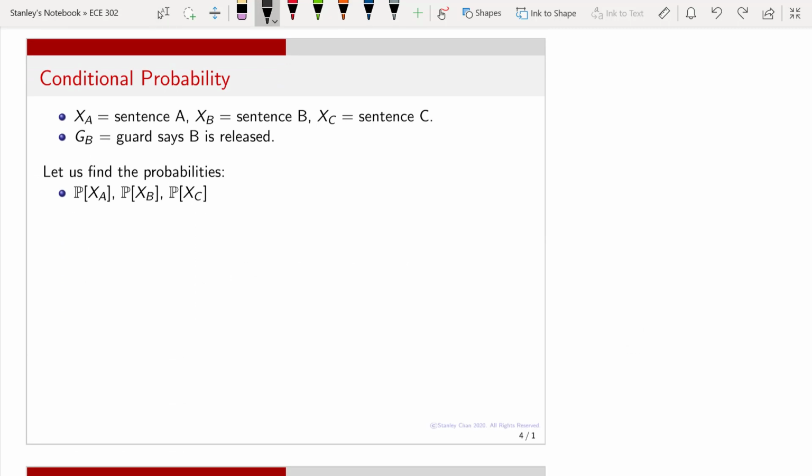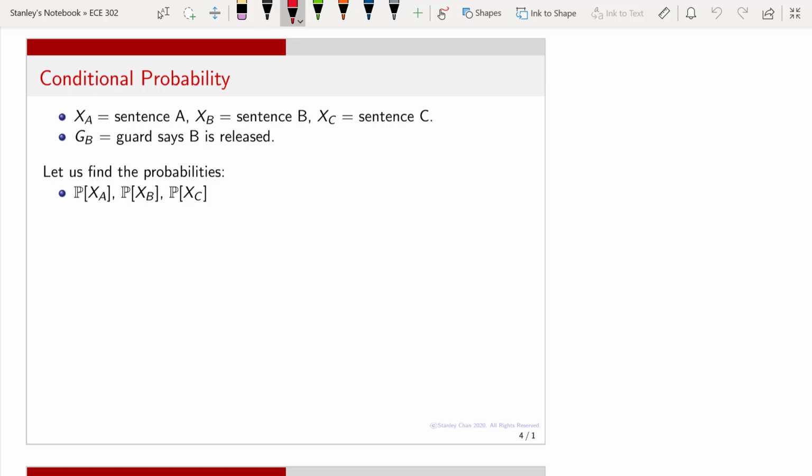So let me just introduce a few notations to set up the playground, and then I'm going to discuss some mathematical tools. I am going to define three events: event XA, event XB, and event XC.